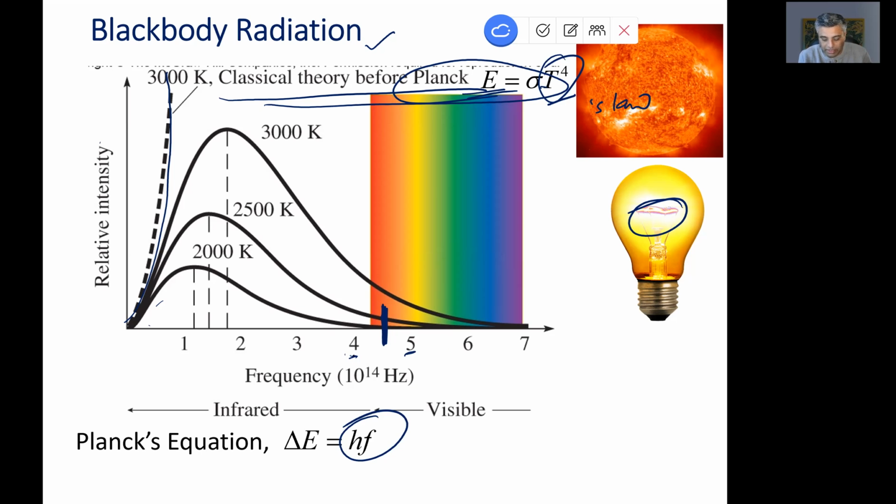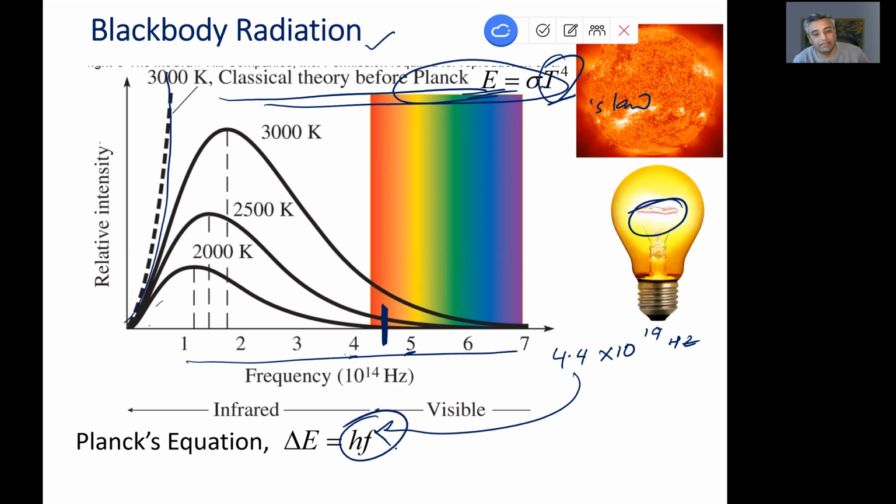Looking at this plot here, we can see it is around 4.4 times 10 to the positive 14 hertz, right? So that's the frequency, that's what the f is here.